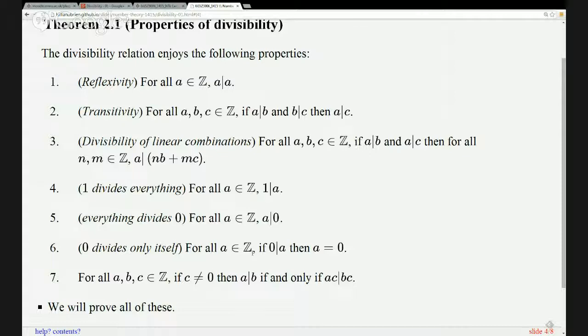So what's the first property? Reflexivity. So these are the proofs. This has to apply to every integer. How do I prove that a divides a? Well, I want to reach a conclusion, a divides a.